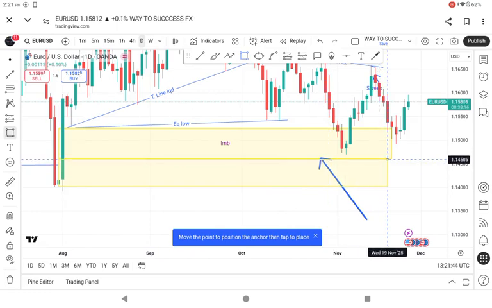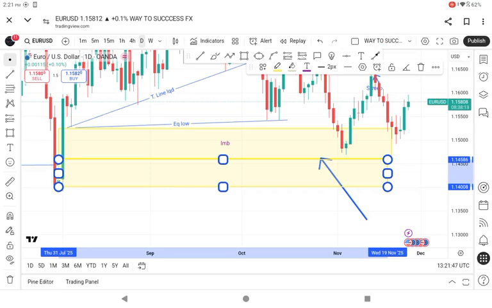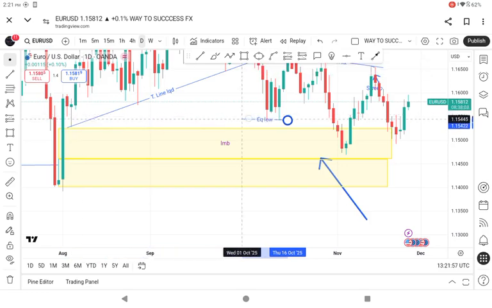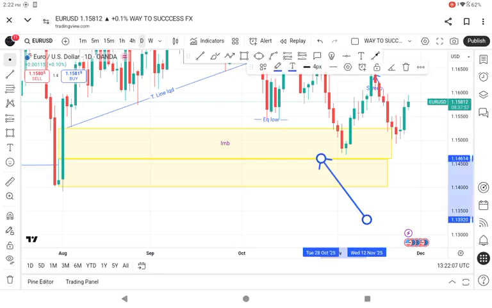But since we have taken this liquidity, this trend line liquidity, I think we shouldn't be bothering about price mitigating this order block. All we should be looking for is our confirmation before taking our buy. And that is exactly what I see happening here currently.